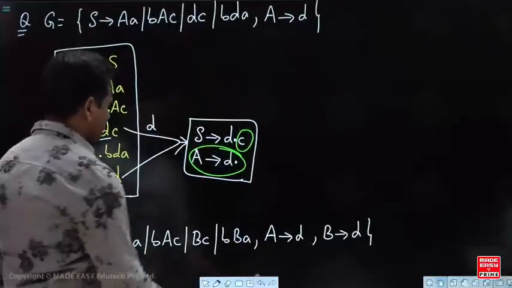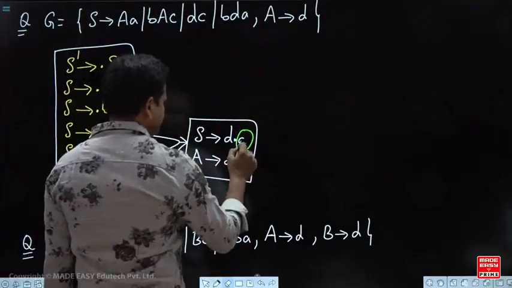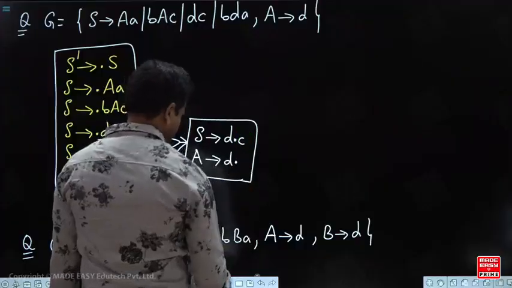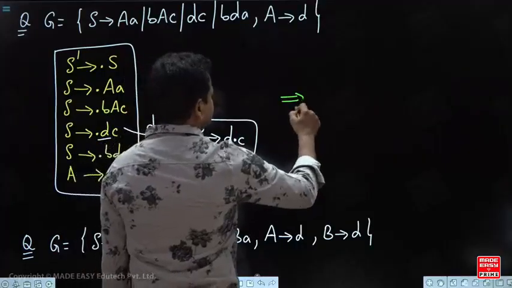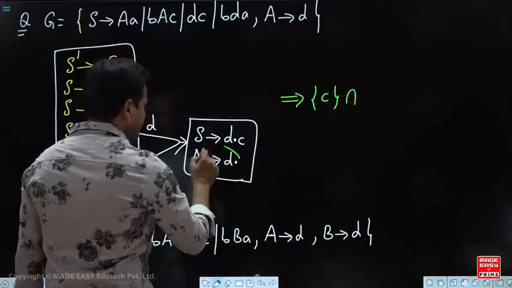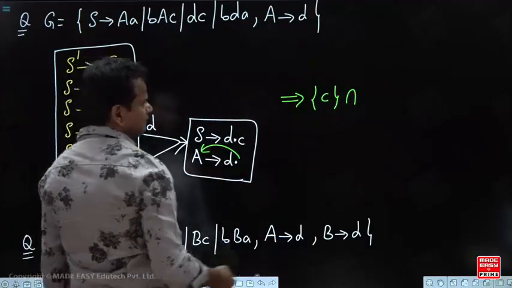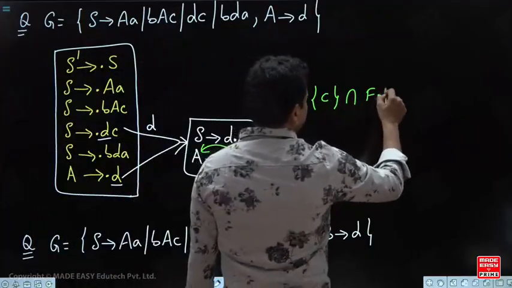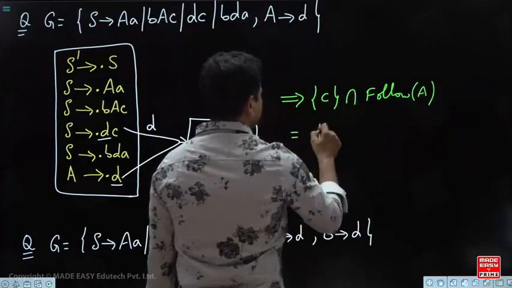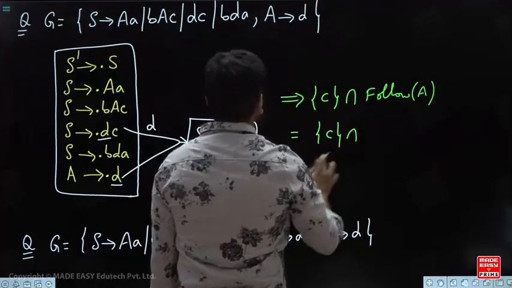Now I am taking C intersection. What is this? Follow of A. What is follow of A?